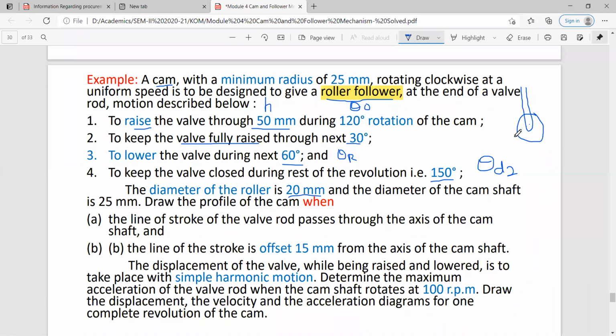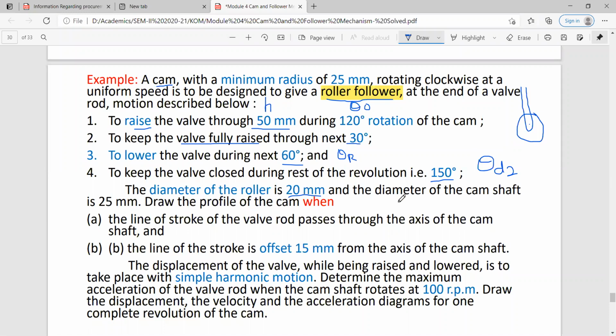So this roller diameter is given as 20 mm. Because of this roller, there will be changes in the construction of the cam profile. You have to make use of this diameter of 20 mm. Where it is adjusted, we will see while drawing the actual cam profile.